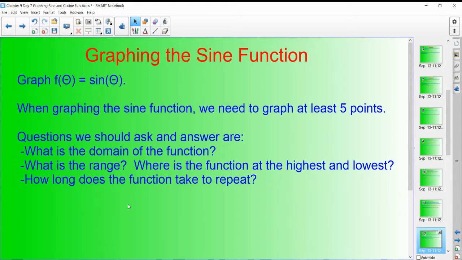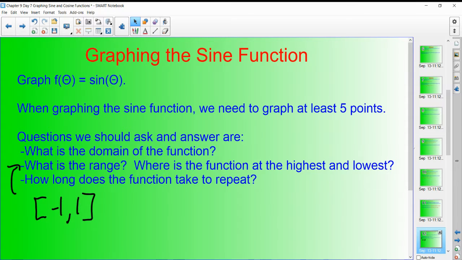So I know I can find the sine of any angle around the full circle from 0 to 2 pi. So my graph's going to go all the way to the left and all the way to the right. The range, however, we said the minimum is -1 and the maximum is 1. So the range is going to go from -1 to 1.